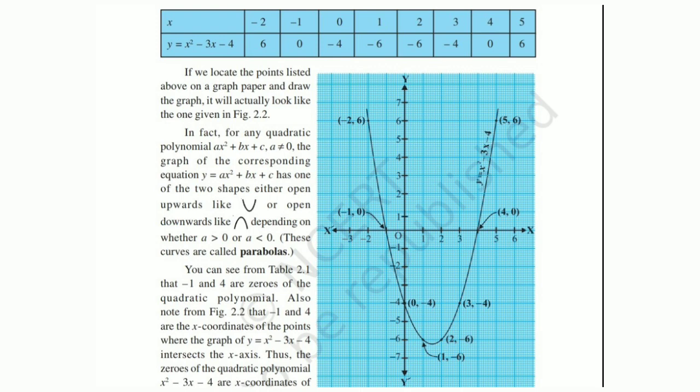If a is greater than 0, it will be an upward U, or if a is less than 0, then it becomes a downward one. This graph or shape is called a parabola. Also, we notice that this graph intersects the x-axis in two places, so the number of zeros of a quadratic polynomial is at the maximum 2.